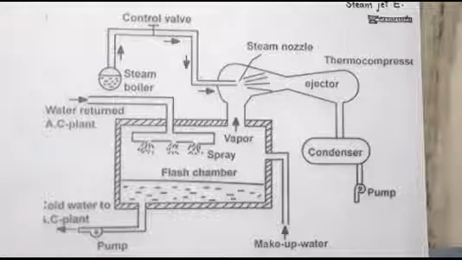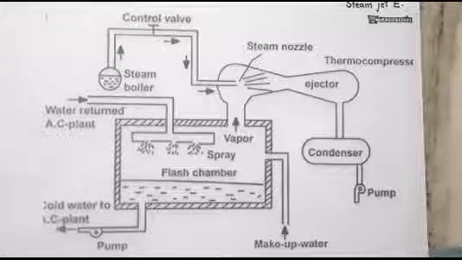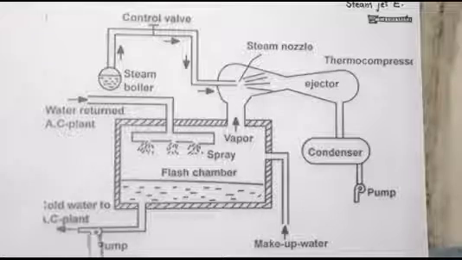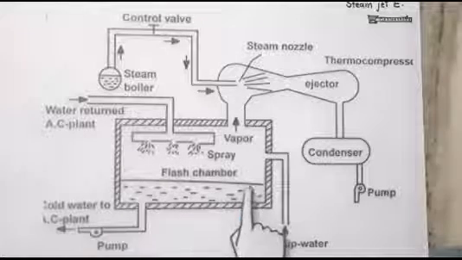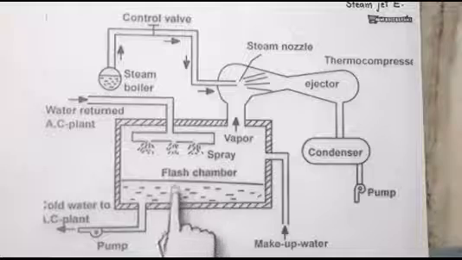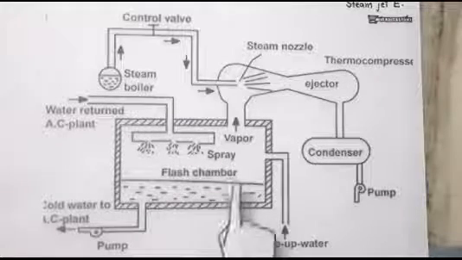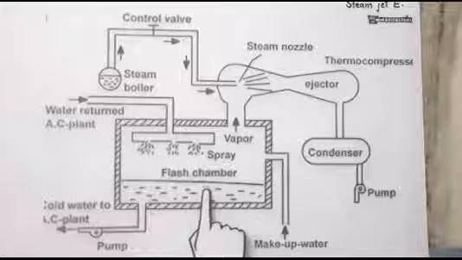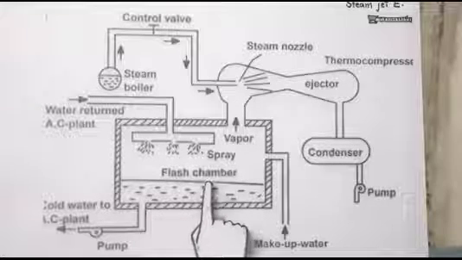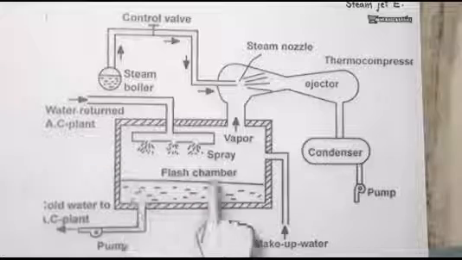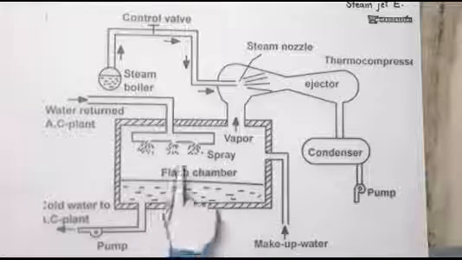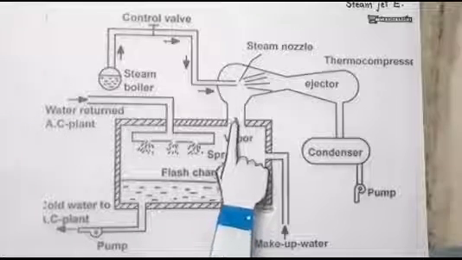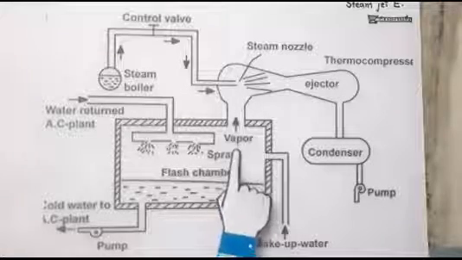So we can generate evaporation at around 30 or 40 degrees centigrade, that is the atmospheric temperature. That is what we want in this flash chamber. Water starts evaporating and also cooling, because when water evaporates it needs energy, and it obtains that energy through evaporation. The water which evaporates will go along with the steam flow.